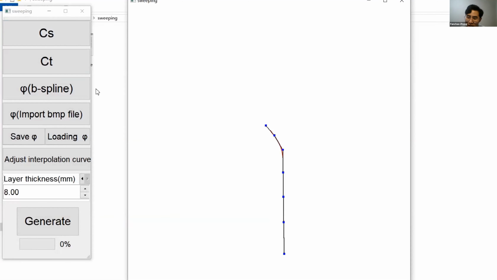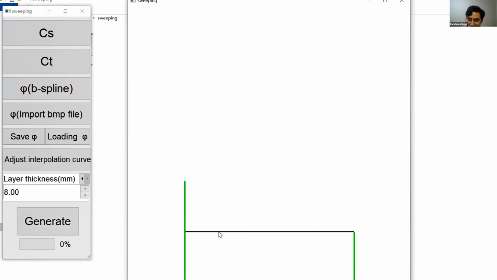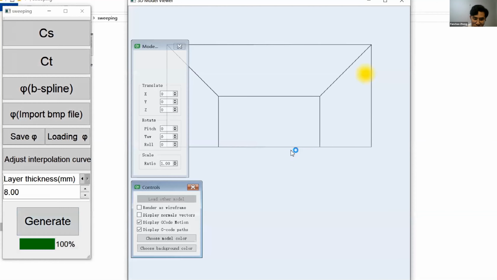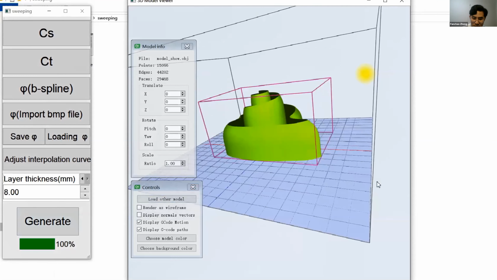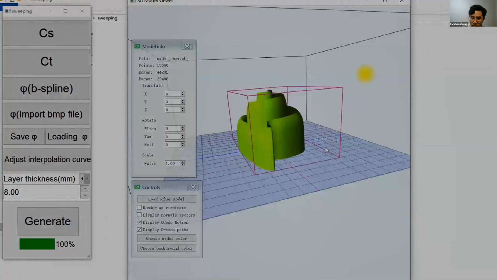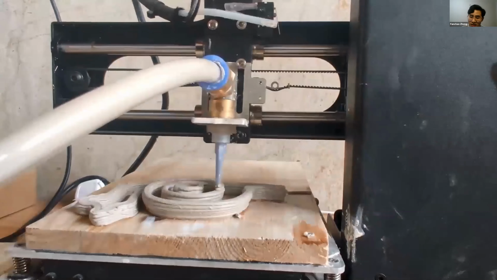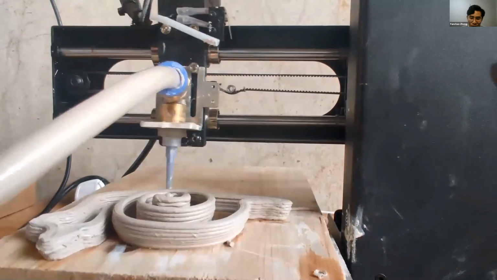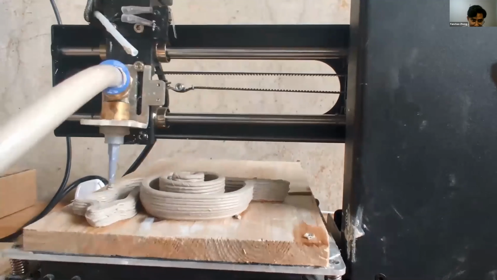To demonstrate the printing process, we shot a video. First, we drove a snail using our framework. And then fabricated with our desktop 3D printer.